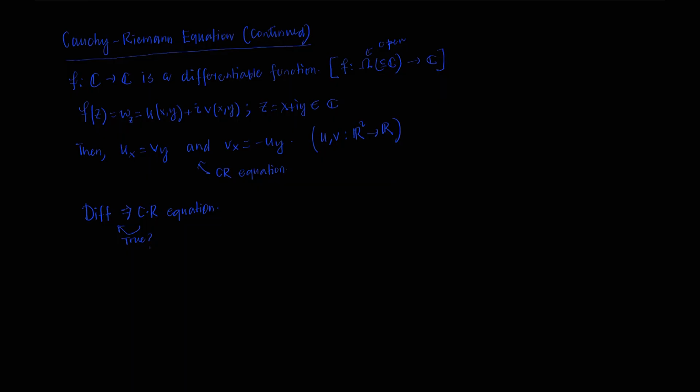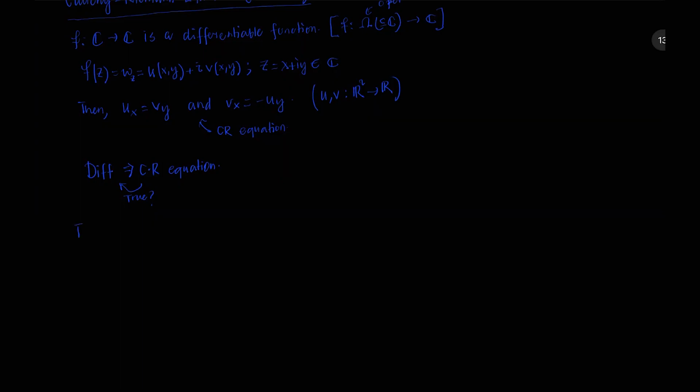Now we have this theorem, and it's a very simple theorem. Let me write it down. This is the converse theorem. What does the theorem say? It says: let f of z, which is u of x, y plus i times v of x, y, be defined.